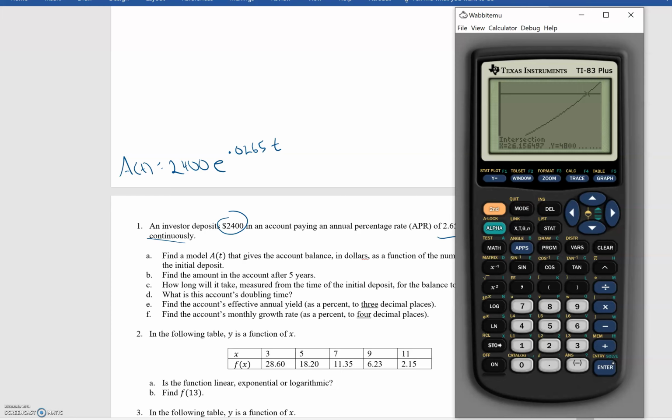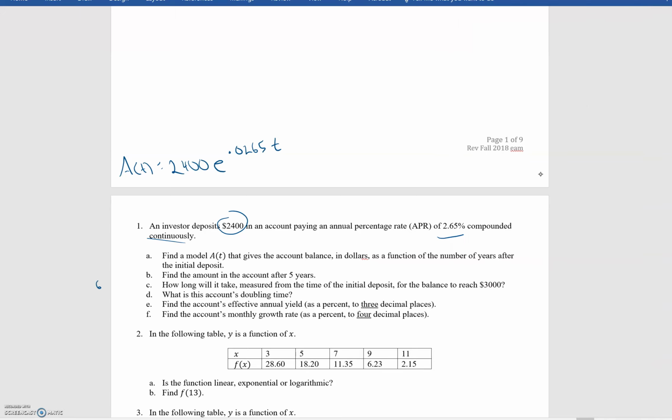And we see our intersection point is 26.16 years.